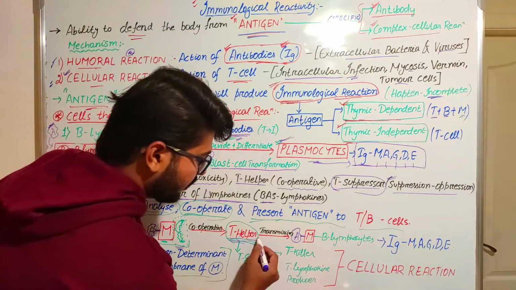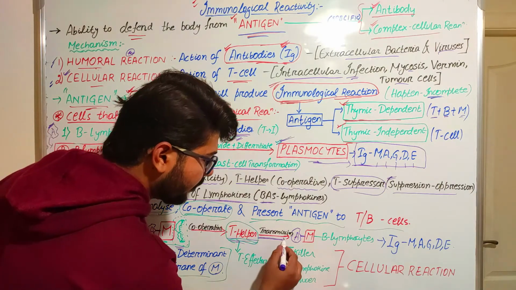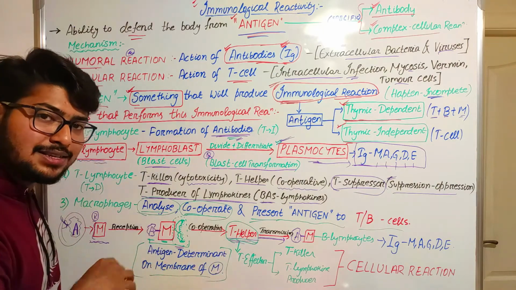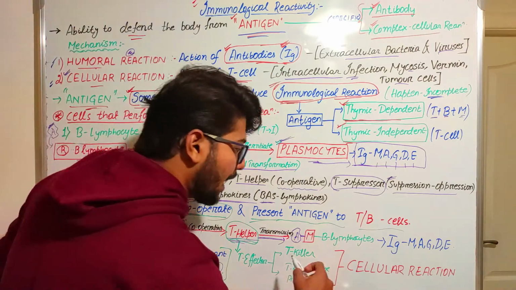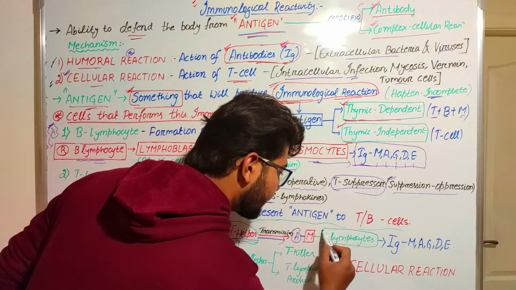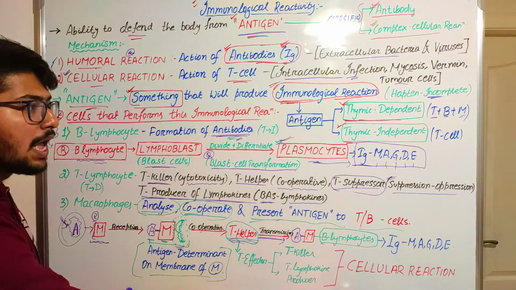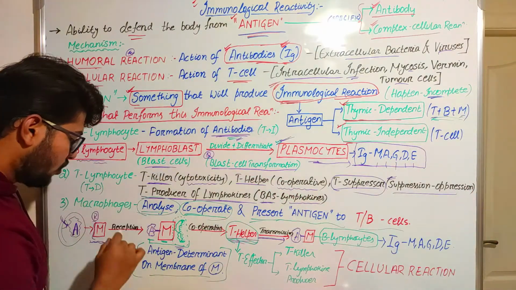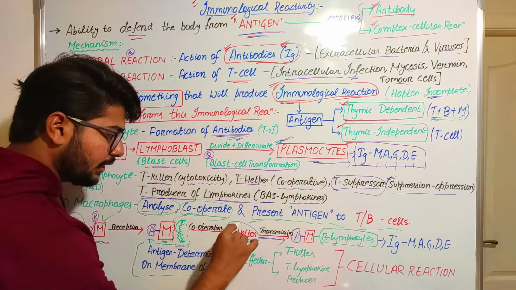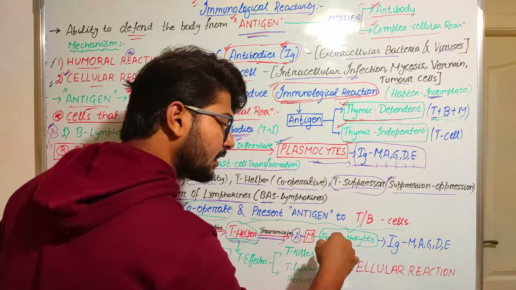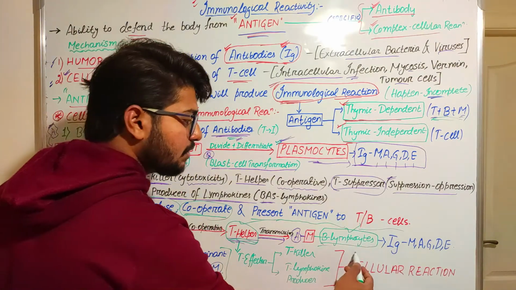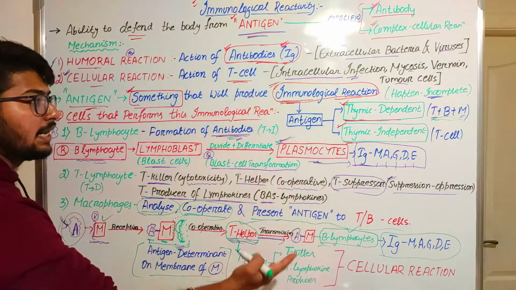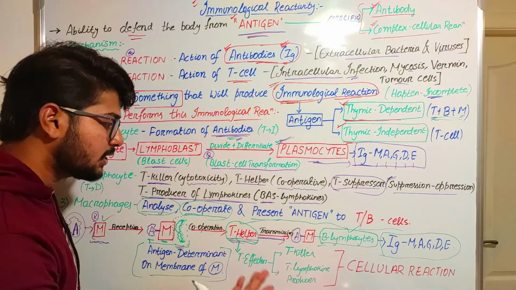Then, after this cooperation, there will be transmission. The T helper will provide the same message to another immunity cell, the B lymphocytes. As we have said, these three cells will act together. So the macrophage will act, the T cell will act, and finally the B cell will act. As the B cell acts, it will produce the corresponding, specific antibodies against the antigen.